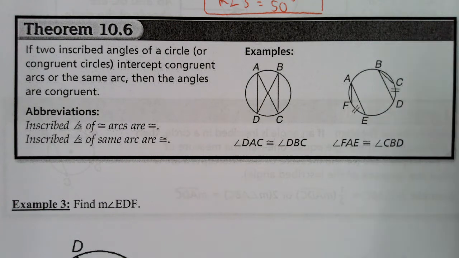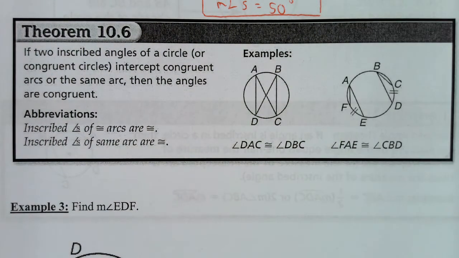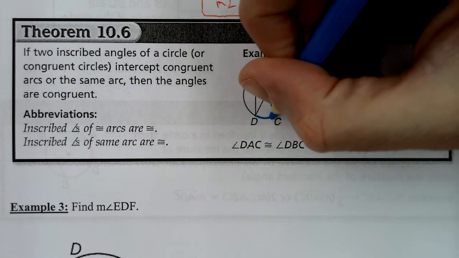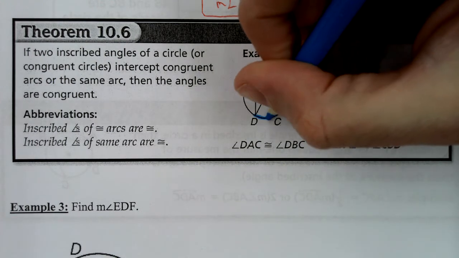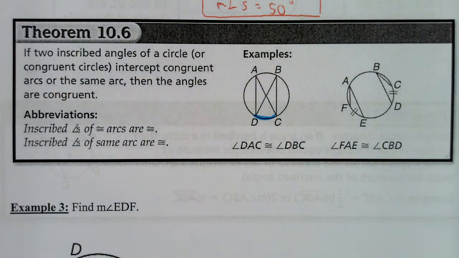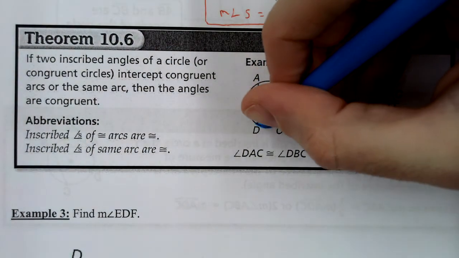Okay. So again, if you look at this example right here. Angle DAC is inscribed in this arc. And angle DBC is inscribed in the same exact arc.